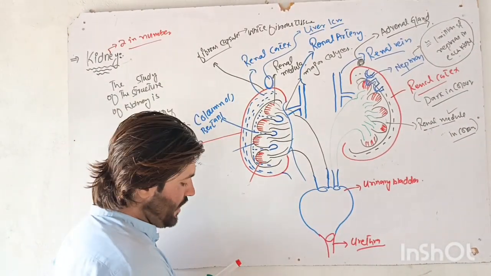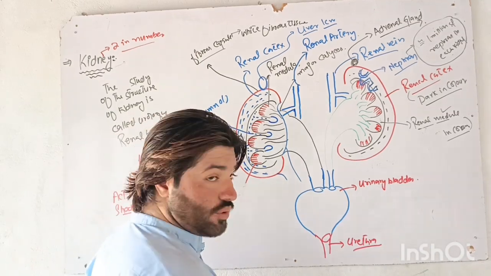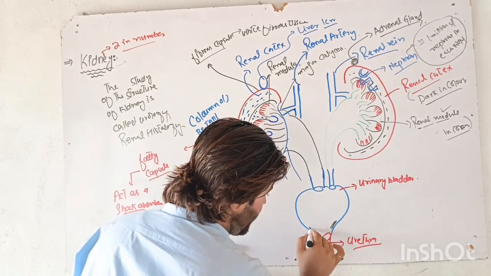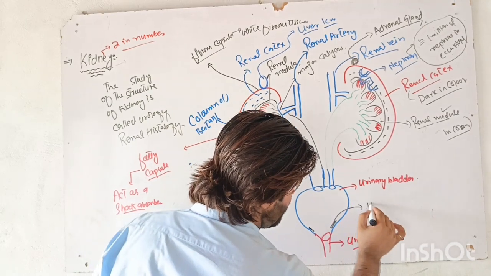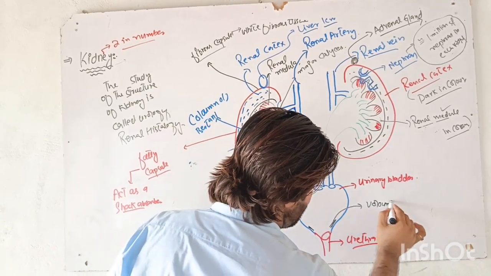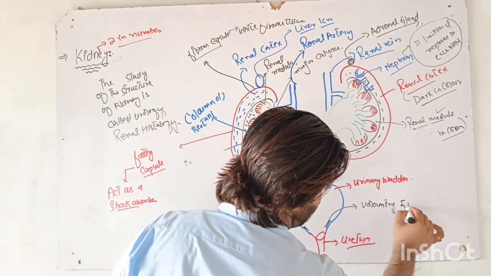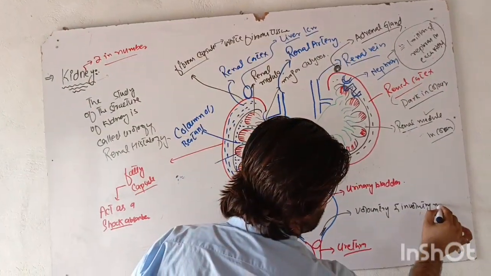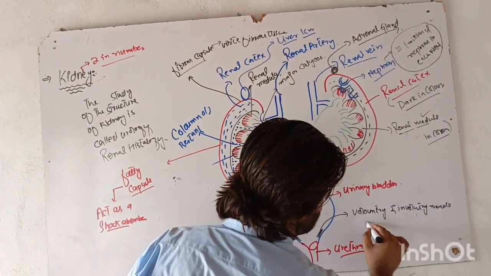In the urinary bladder, voluntary and involuntary muscle is present.